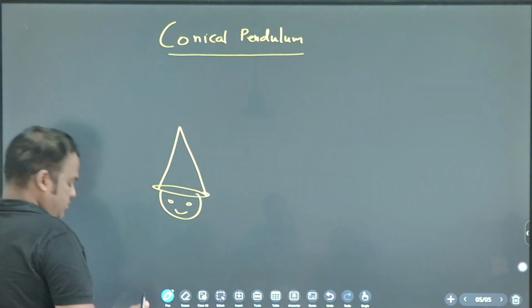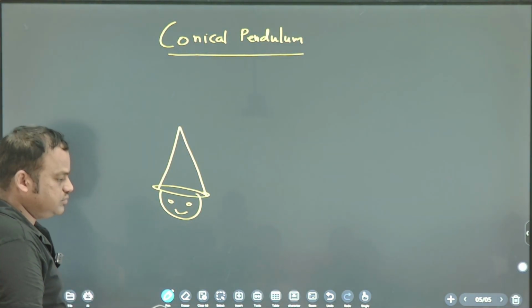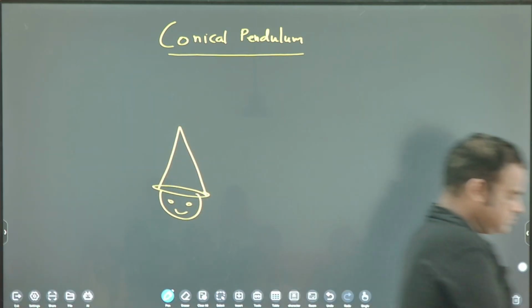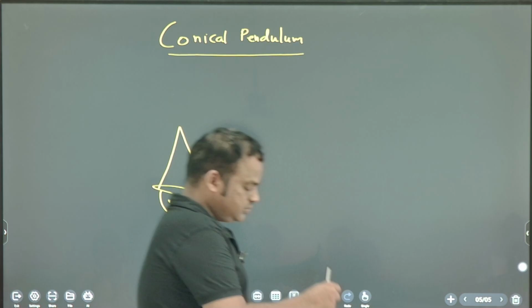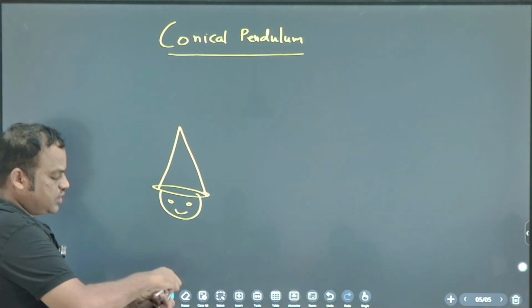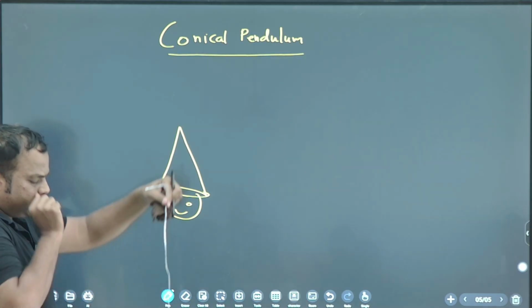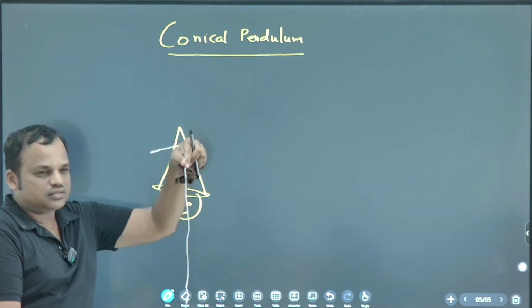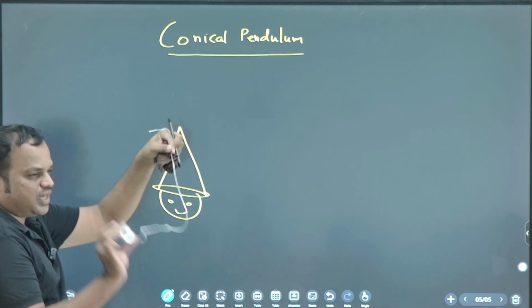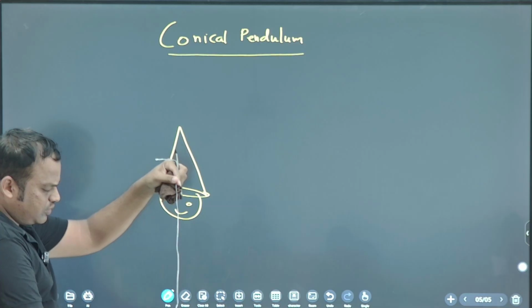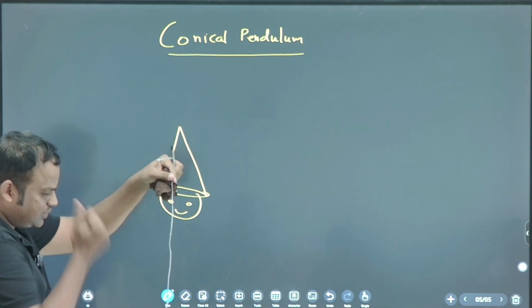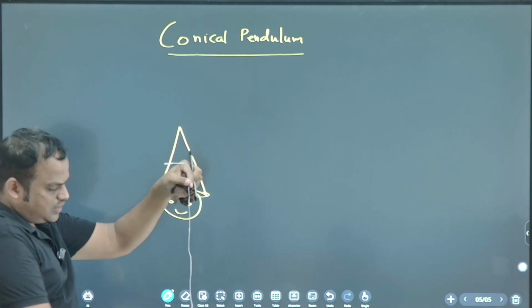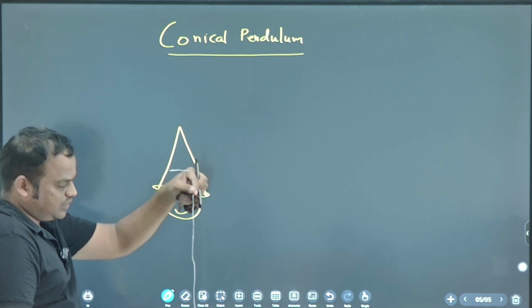So, see, now this is the string. Right now, what is the tension on the string? Mg. This is the mass block. So what is the downward force? Mg. Upward force is tension, correct? Tension is equal to Mg.